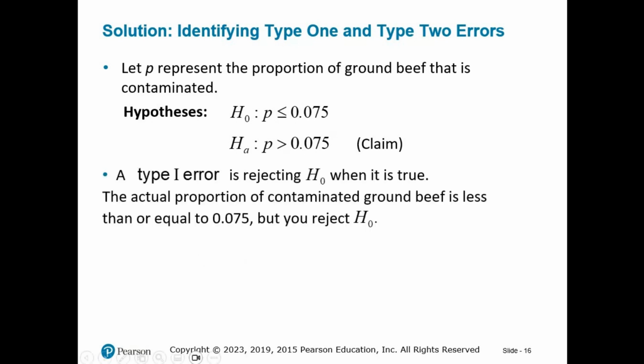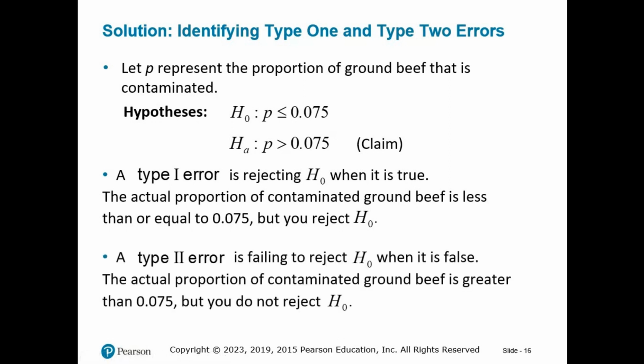Let's read on. A type 1 error is rejecting H naught when it is true. The actual proportion of contaminated ground beef is less than or equal to 0.075, but you reject H naught. So this would be if there was actually less than the stated amount of contaminated meat, but we rejected that stated amount and insisted that there was more contaminated meat.